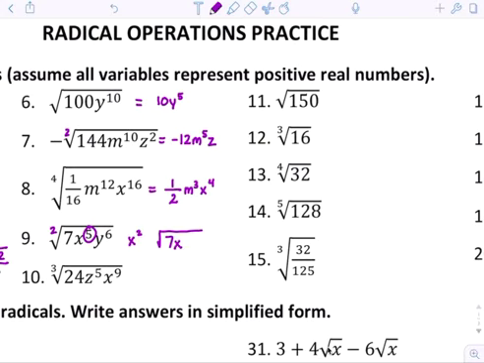So one remainder, x is in the radical. Y to the 6, so 6 divided by 2 is y to the 3rd. So x squared, y to the 3rd, radical 7x.